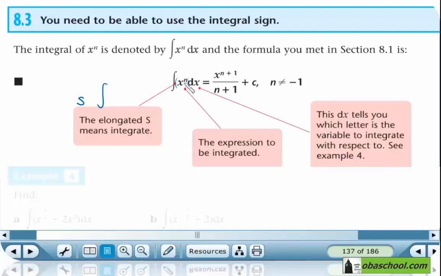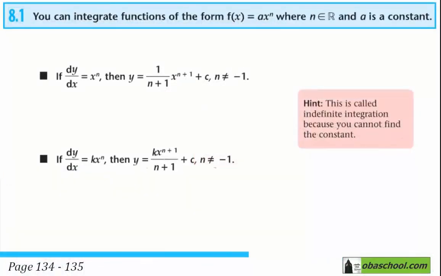In section 8.1, we already found the integration of dy by dx equal to x power n. Going back to section 8.1, using two rules, we found y equals 1 over n plus 1, x power n plus 1, plus a constant c.